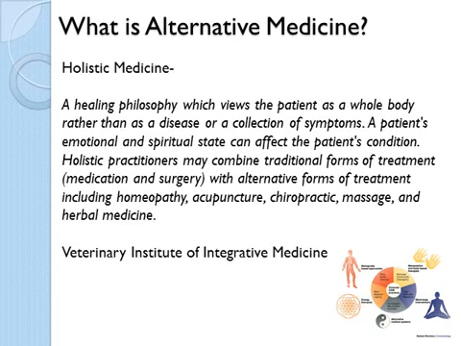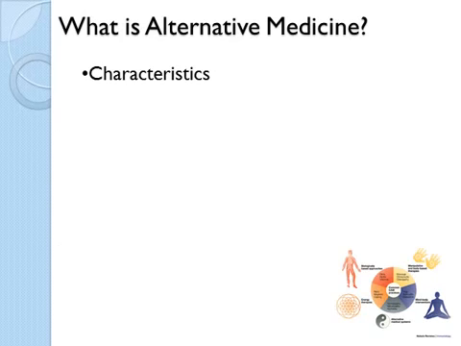And holistic practitioners may combine traditional forms of treatment with alternative forms. And then there's a list of some of the more common alternative therapies employed. Homeopathy, acupuncture, chiropractic, herbal medicine. Those are certainly the big four, certainly some of the most common by far. So again, a combination of specific techniques and also philosophical perspective.